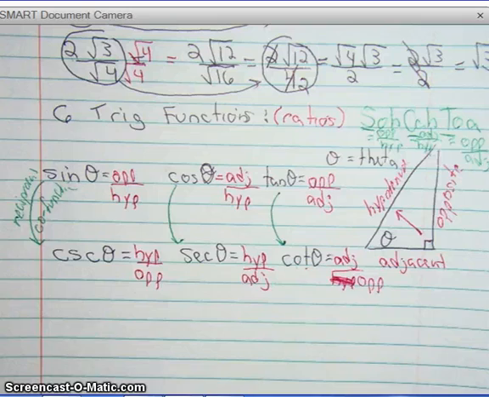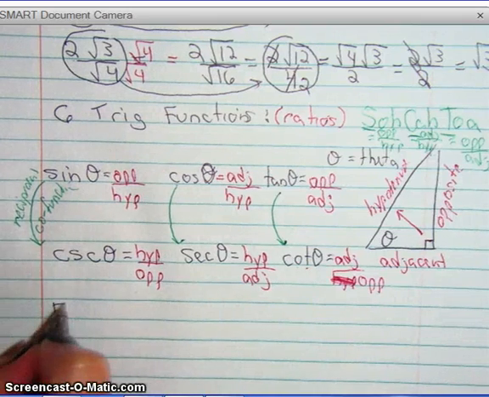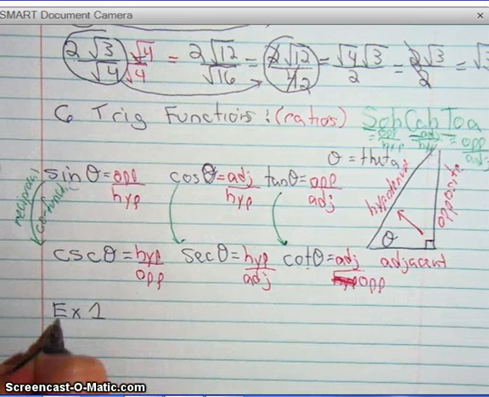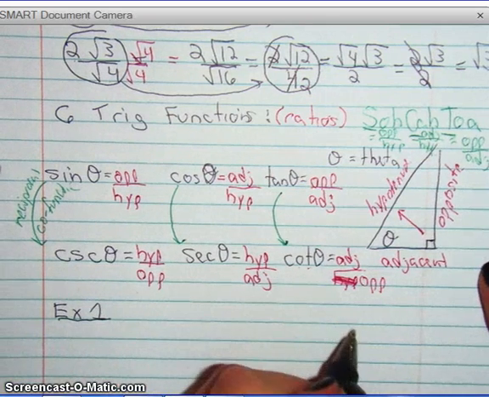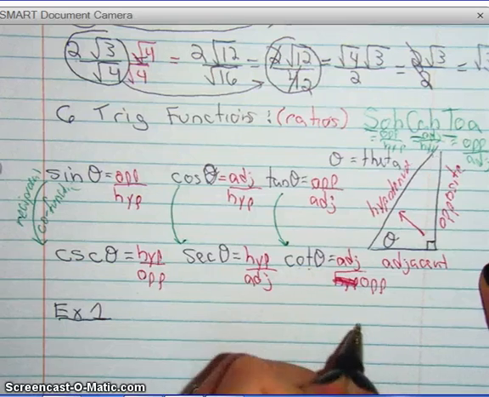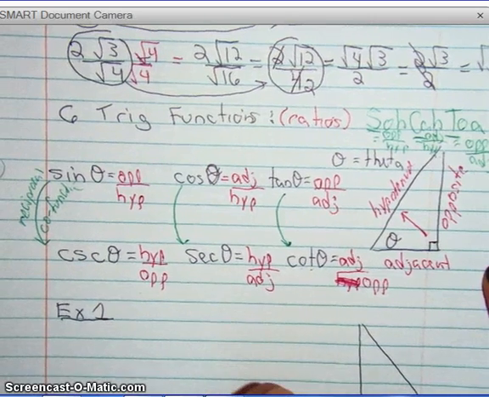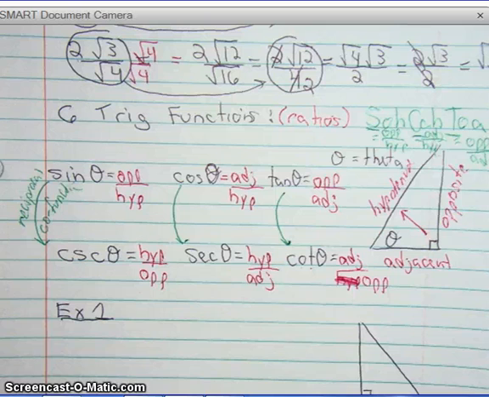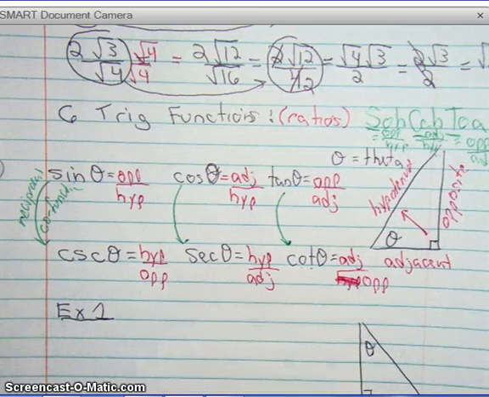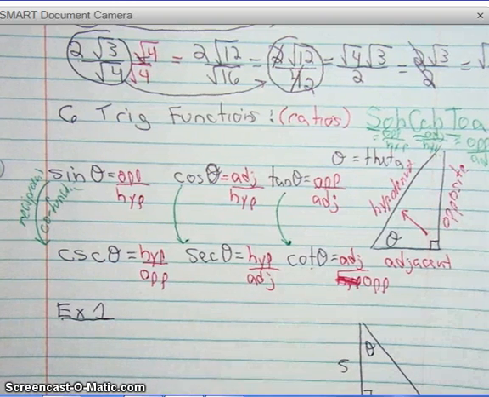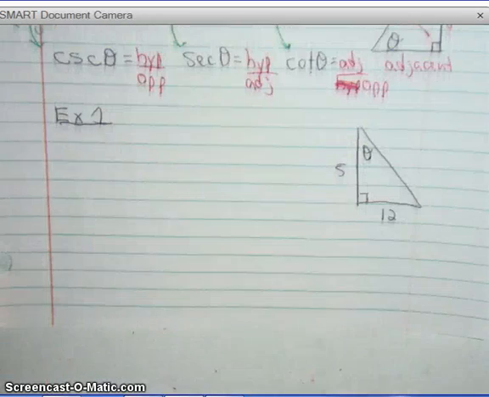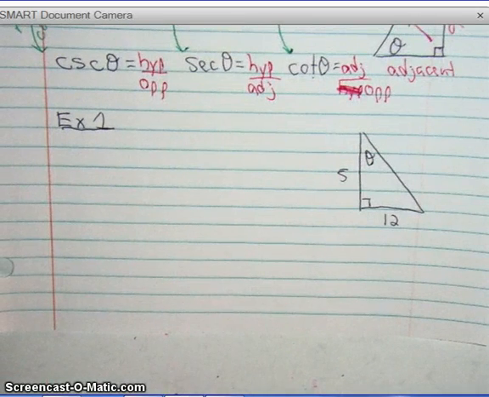Okay, example 1. Let me give you a right triangle, a theta, and a 5 and a 12. Can you first label your hypotenuse?